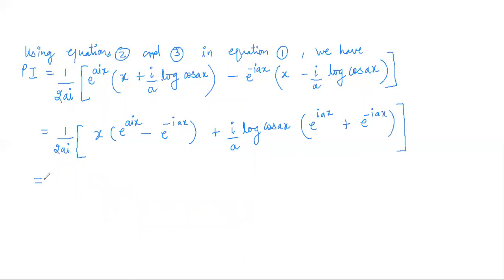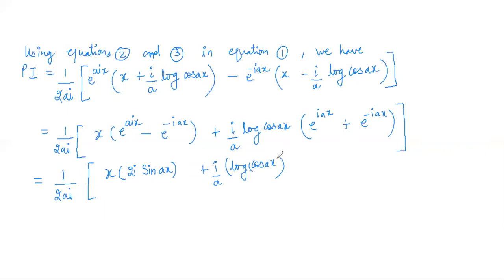So this will be equal to 1 upon 2a iota. This will be x, when I will be using here the formula of e raised to power a iota x and e raised to power minus iota ax, I will be getting here 2 iota sine ax, iota by a log cos ax.